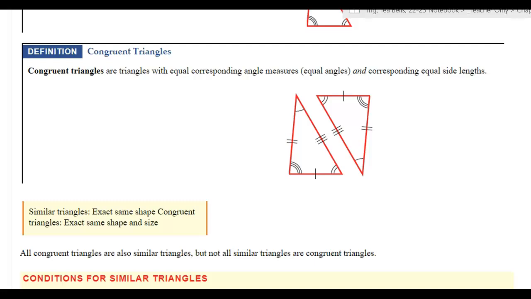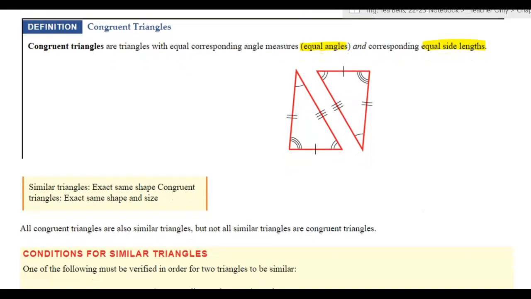Okay. So then congruent triangles, everything about them is the same. Their angles are the same and they have equal side lengths. So it's almost as if you copied and pasted the same picture, but maybe this time you reflected it or you rotated it or you translated it. But it's the same shape, just in a different location.